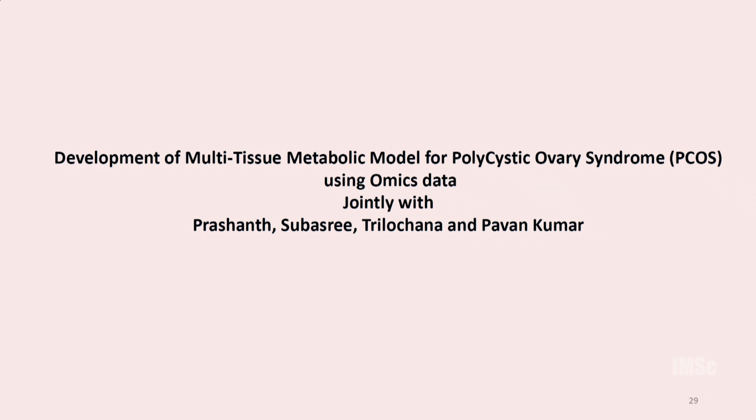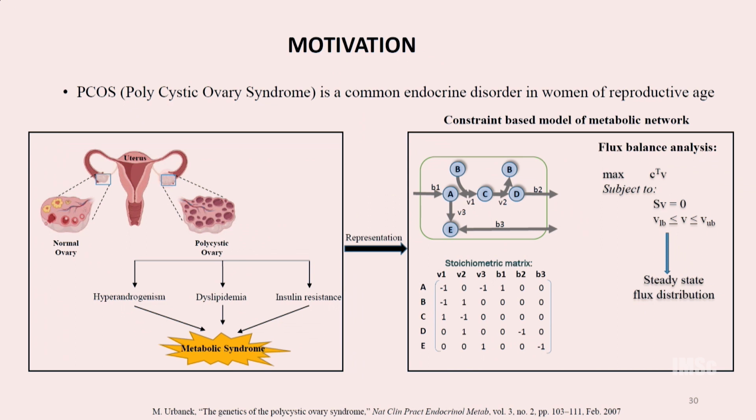Once we were discussing it over a coffee, we thought it was very interesting because it is a syndrome rather than a disease, so you have to involve multiple tissues. There are a lot of metabolic syndromes involved in polycystic ovarian syndrome, such as hyperandrogenism, dyslipidemia, and insulin resistance, which is one of the bigger challenges. What we tried to see is whether we can take this and convert it into metabolic pathway analysis kind of models, which we know.